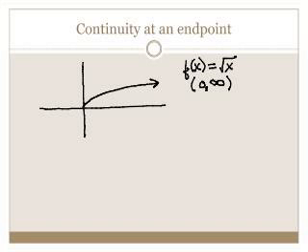So we don't have to look at the limit at this endpoint here from both directions. So since we're only defining it where x is greater than or equal to 0, then we only have to look at the right-handed limit. So as we're coming in on 0 from the right, the value of the limit from the right is the same thing as the value of the function at 0.